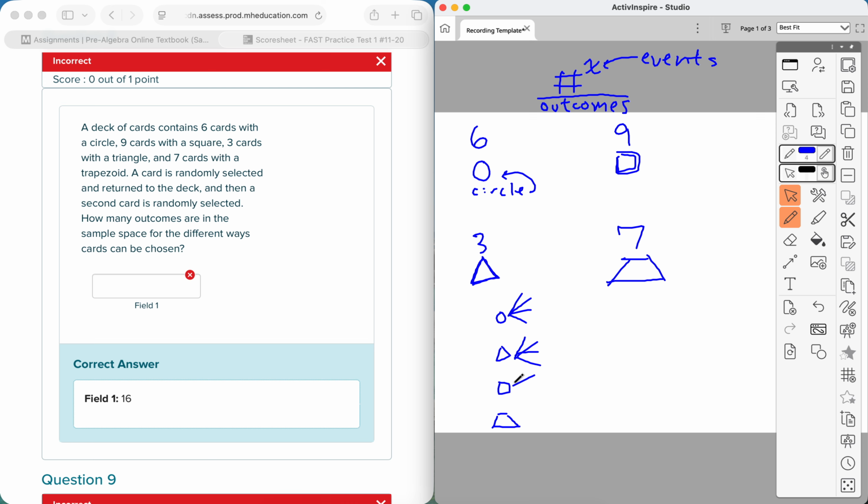We're returning the shapes to the bag. I guess that actually doesn't change anything because we have multiple of each shape. So after you grab your first shape, you might get a circle, a square, triangle, trapezoid.